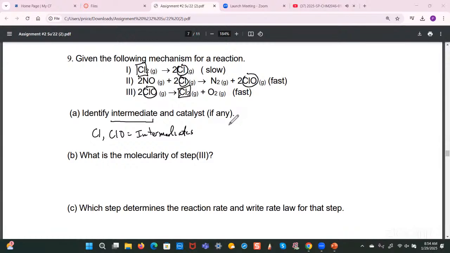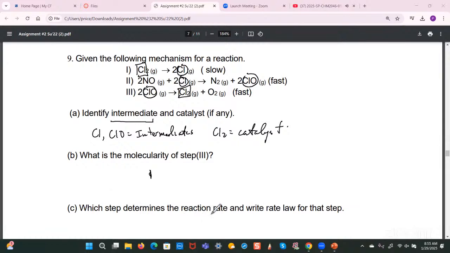Is there anything else that is used up in one step and then produced in a subsequent step? I think that's it. So I'm just going to say Cl2 is the catalyst. B is asking, what is the molecularity of step number 3? One, exactly.